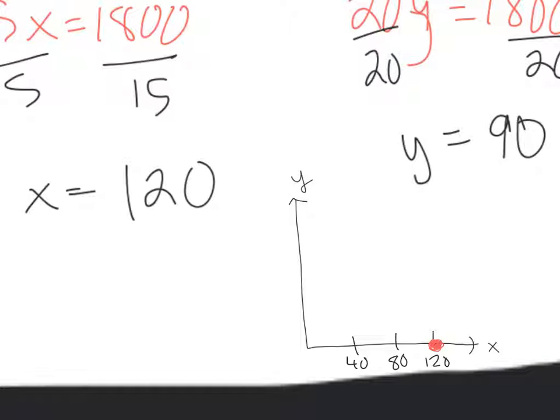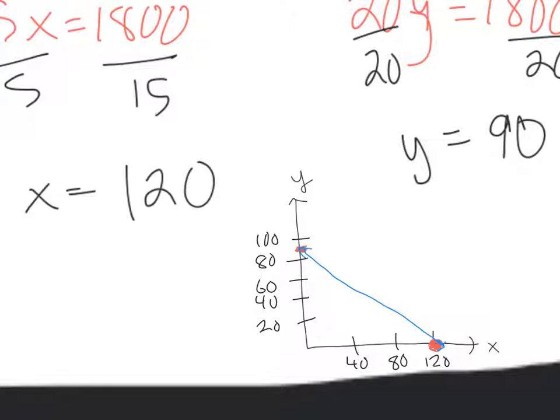And then for y, I can also just do it by, let's go by 20s. 20, 40, 60, 80, 100. That should be enough. Okay, and 90 is right in the middle of 80 and 100, so I can make that point right there for my y-intercept. And you are done. Go ahead and connect your line.